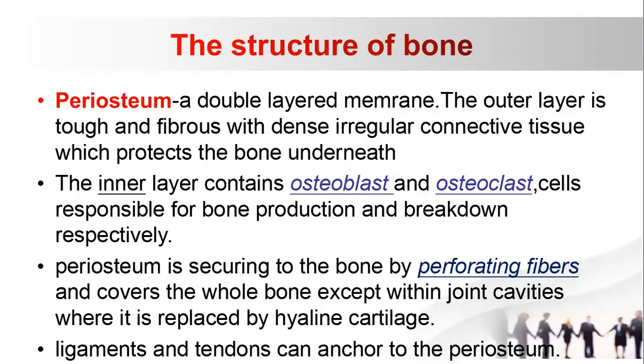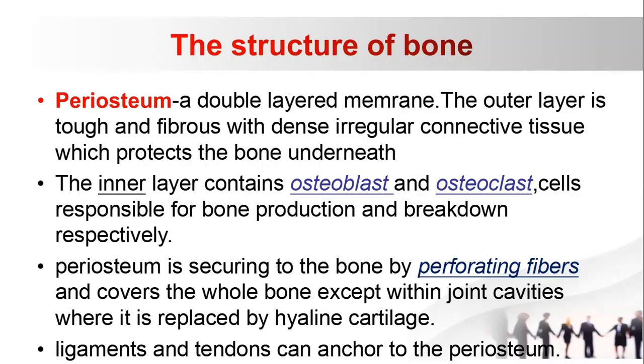These are the bone-forming cells and the cells that are responsible for the breakdown of bone, respectively. The periosteum is secured to the bone by perforating fibers and covers the whole length of bone, with the exception of joint cavities, where it is replaced by hyaline cartilage.